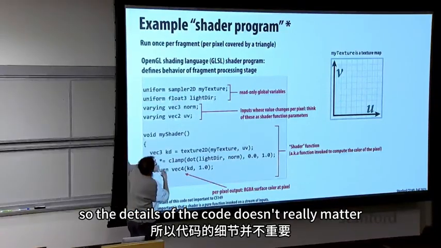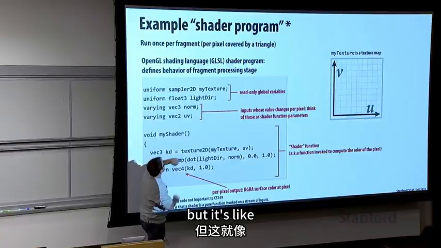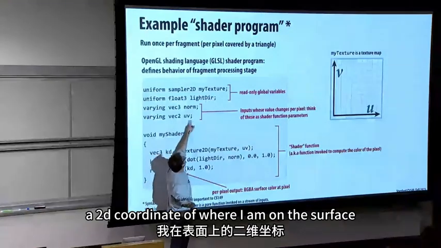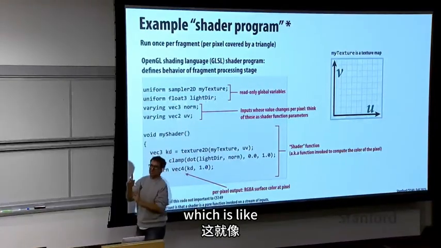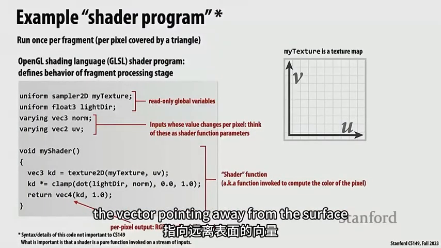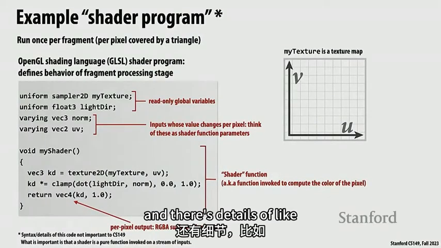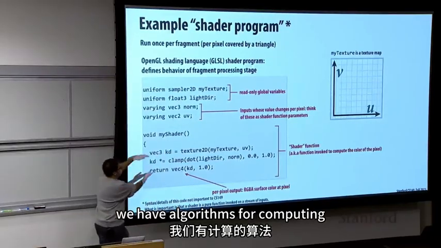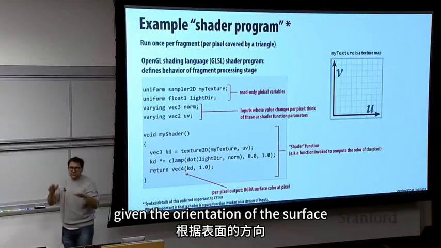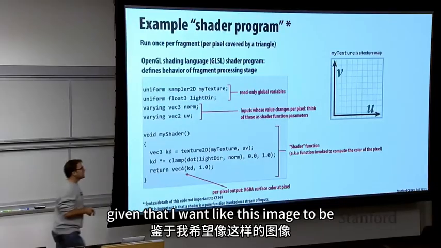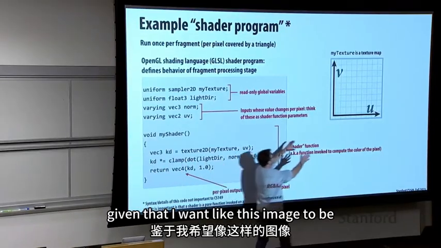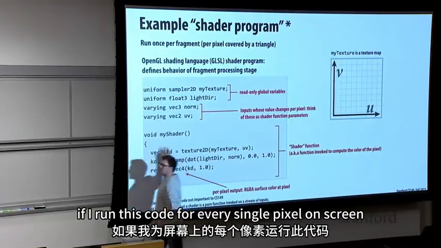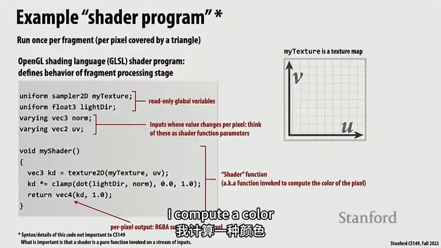The details of the code don't really matter, but there's a 2D coordinate of where I am on the surface, the normal of the surface, which is the vector pointing away from the surface, and details of texture maps, where we have algorithms for computing, given the orientation of the surface, how I want this image to be wrapped over the chair surface.